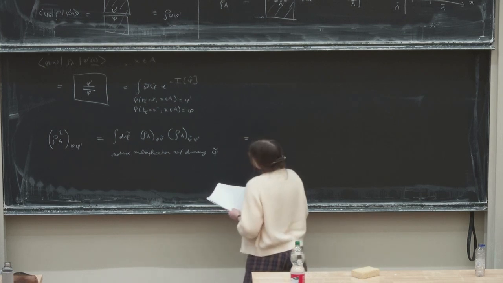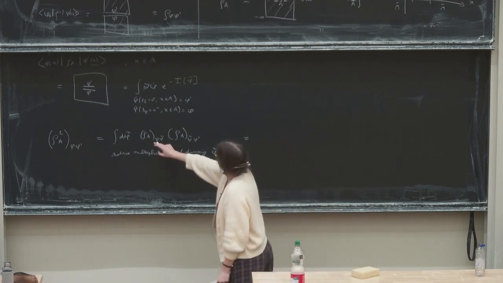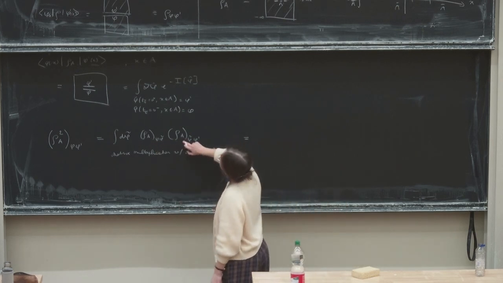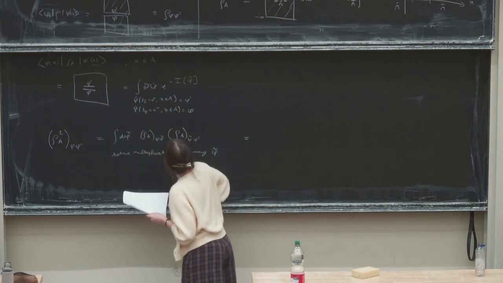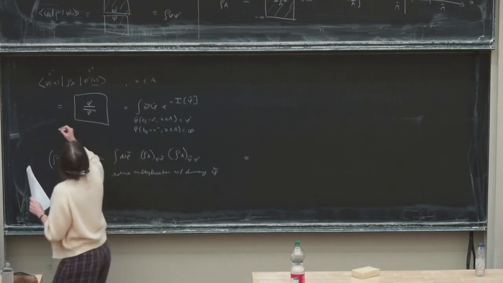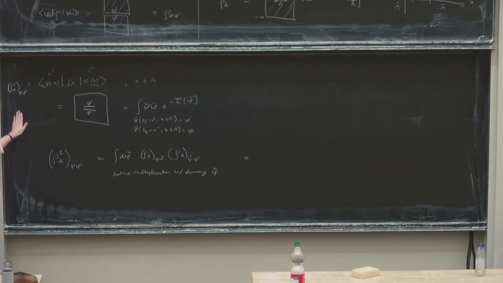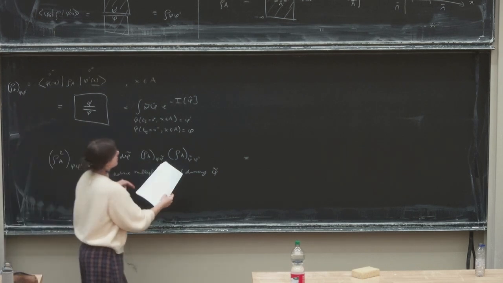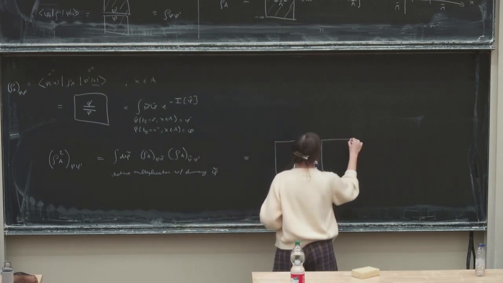But let me now write this in pictorial notation, okay? So I have 2 times this picture that I have here. Remember, this I can write as the phi prime element of rho A. Okay, so I have 2 times that picture. 1, 2.